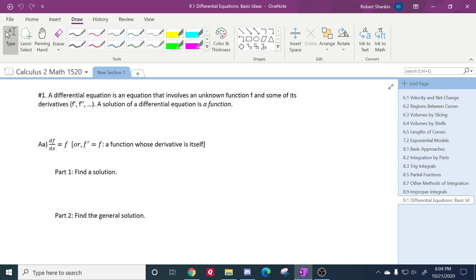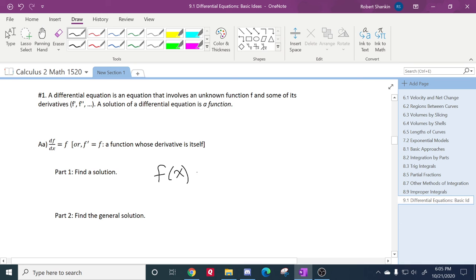Enter that into your group chat. Then you can discuss it briefly. Okay, group 7. Did you find a solution? What's a function whose derivative is itself?